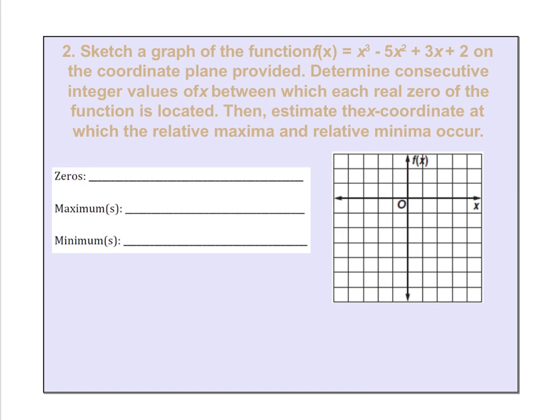So now if I graph this, determine the integer values of x between which each real zero of the function is located, then estimate the x coordinate at which the relative maxima and minima occur. So when I sketch this graph, it's going to look something like this.